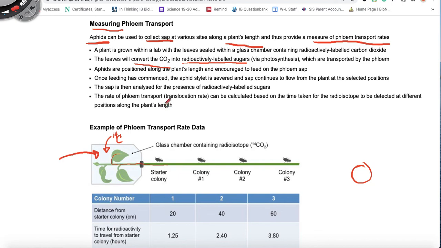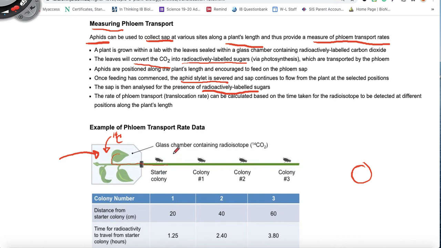So once the feeding has commenced, the aphid stylet is cut and severed and the sap continues to flow. Then the scientists need to make sure that the sap that's flowing is the sap that contains the radioactively labeled sugar made through photosynthesis. And then you calculate the time that it takes for that sap to reach this distance.